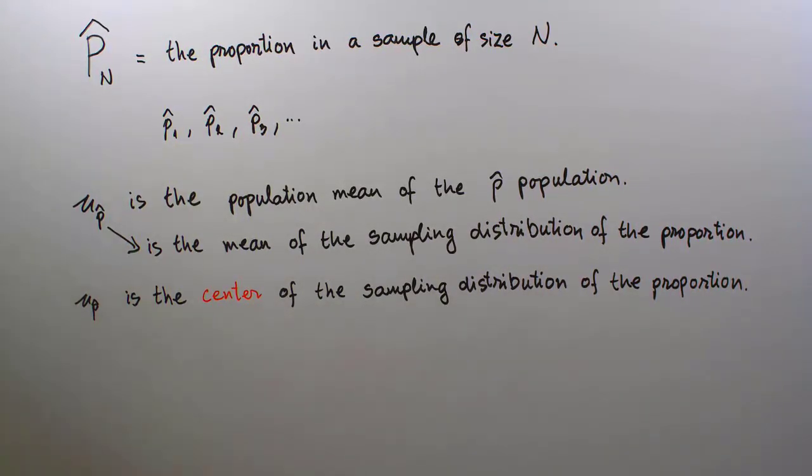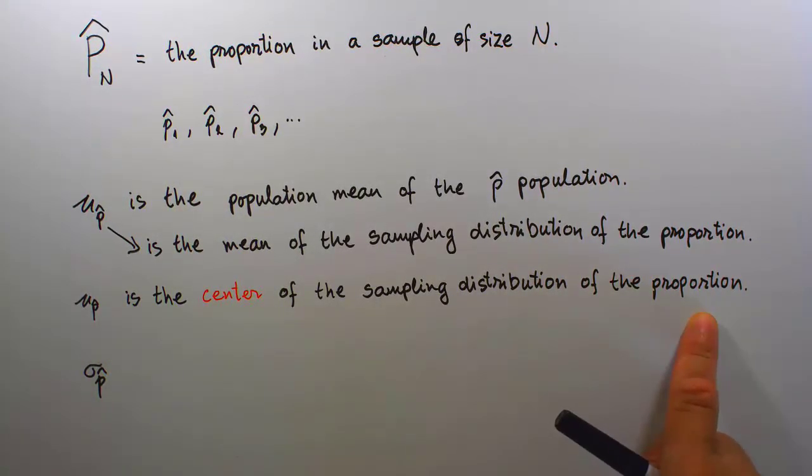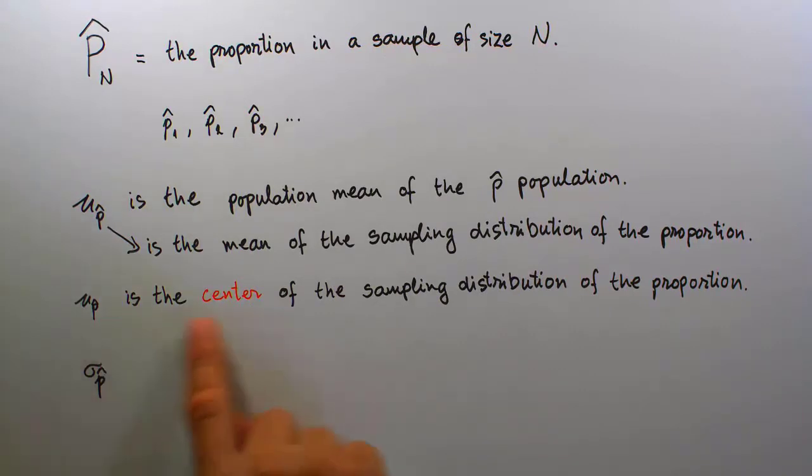then the next thing we're heading for is the average spreading. And so now also allow me to introduce for the first time the sigma p hat value. Think about any sampling distribution of the proportion. After we have found a center, then there is an average spreading.